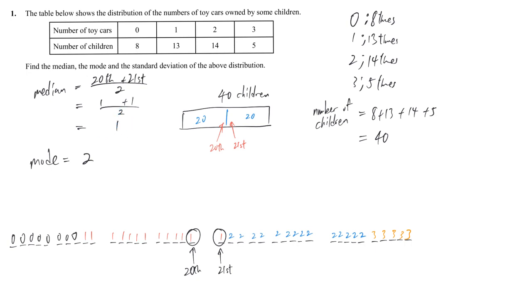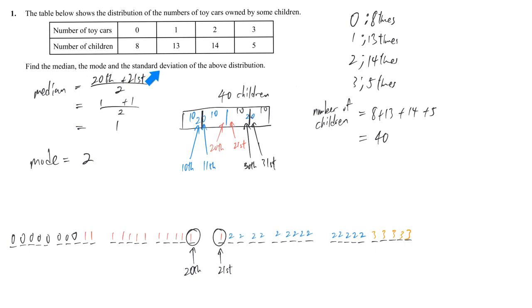For a similar reason we get Q1. If we want to get Q1, the first quartile, we further separate the first half into two halves, and then we have 10 and 10. This is the 10th data together with the 11th data. But this time they are not asking about IQR or Q1, Q3, so it's not a must for us to find that out. It's just for your reference. This is the 30th data, while this one is the 31st data.